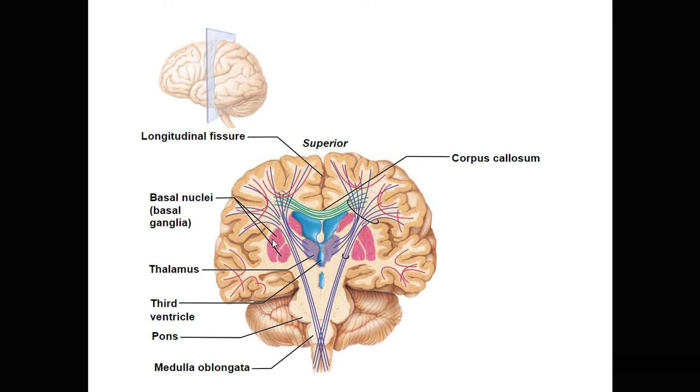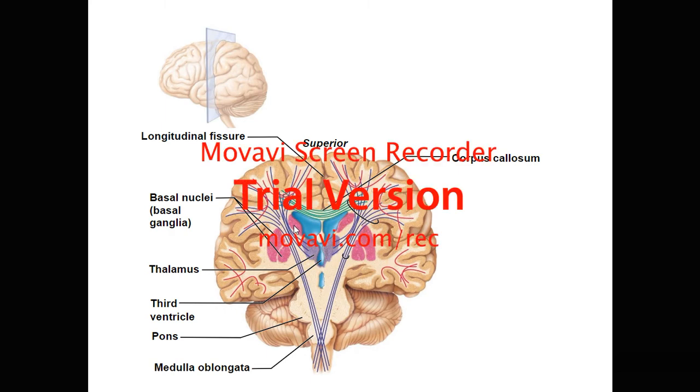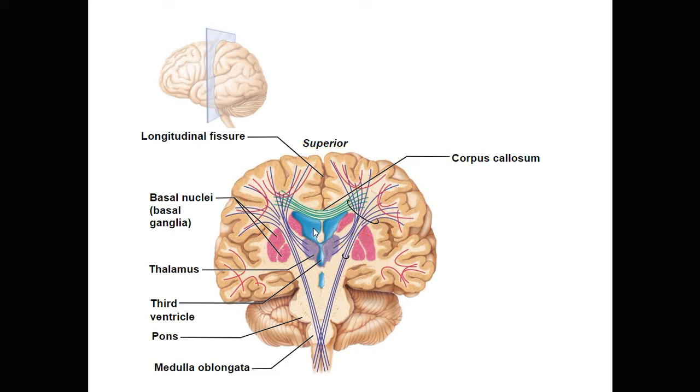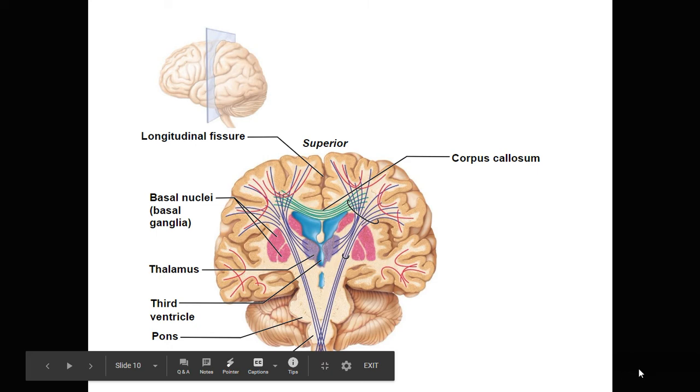This pink up here is also basal ganglia or basal nuclei, but that is going to be the head of your caudate nucleus. And then this teal color is going to be the lateral ventricle.